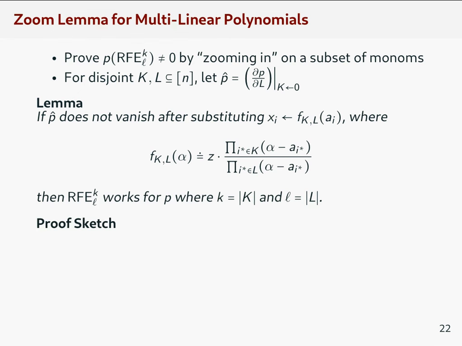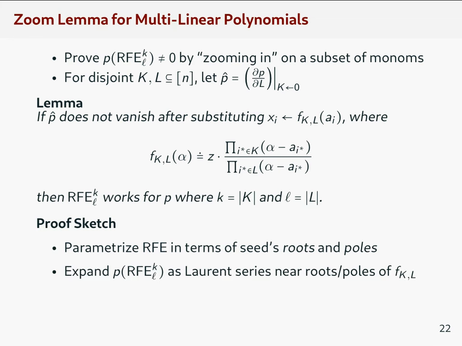As a brief sketch of the proof, the idea is that instead of parametrizing RFE by the coefficients of the numerator and denominator, we parametrize it in terms of the seed's roots and poles. And then we plug RFE into P, and then we do a Laurent series expansion near the roots and poles of the specific seed, FKL.